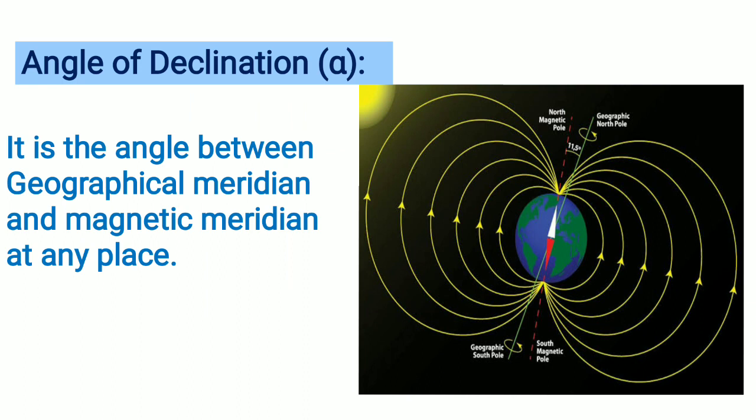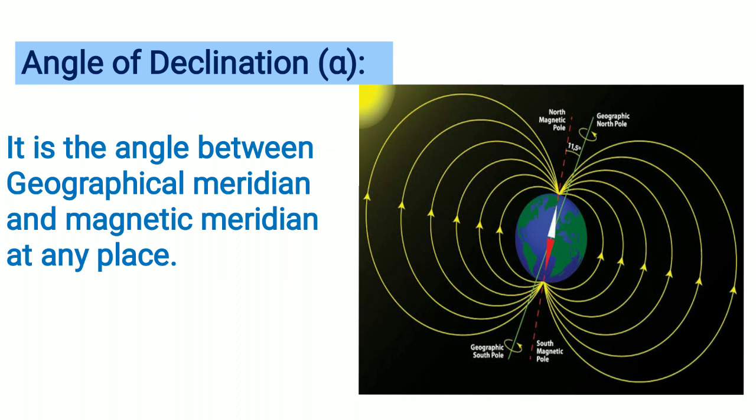If the earth is a giant magnet, we consider a magnetic north and south pole. That magnetic axis is represented by the red dotted line, and the geographical north-south pole axis is represented by the green line. There is an angle between these two, and that angle is called the angle of declination.